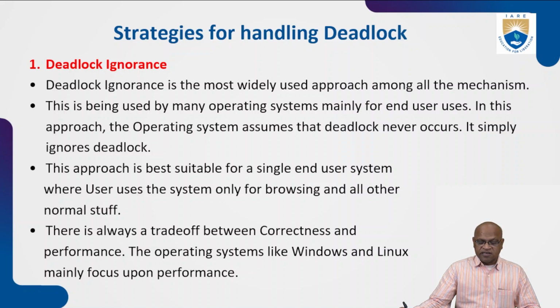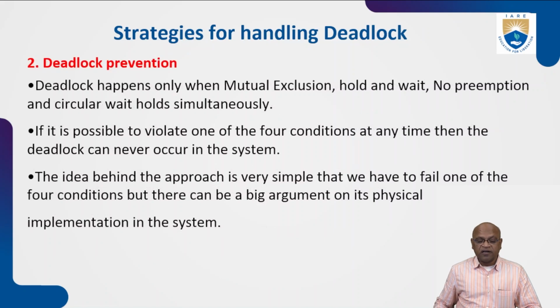So there is always a trade-off between correctness and performance. Operating systems like Windows and Linux only focus upon performance. And deadlock prevention: deadlock can occur only when mutual exclusion, hold and wait, no preemption, and circular wait hold simultaneously.